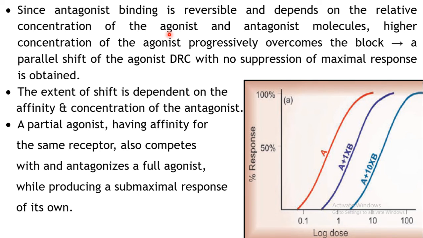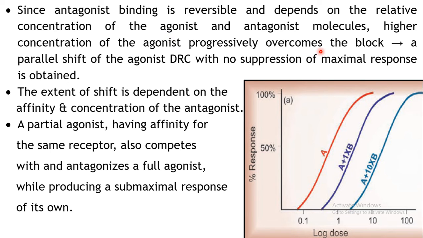It is surmountable. If you enhance the concentration of your agonist, it will displace your antagonist and start producing the action. Peculiarly, this antagonism takes place in the presence of the two. The agonist also has to be present. There is a competition between the two for the same site.